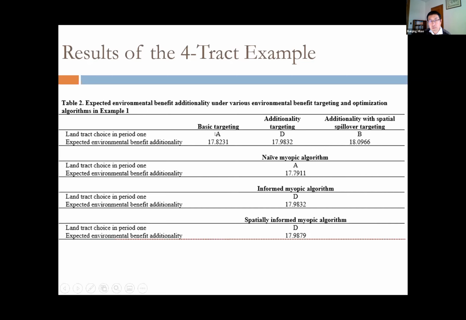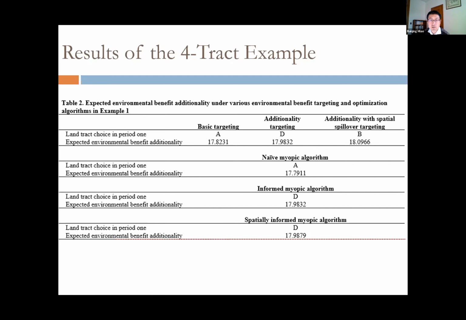By showing this example, we're trying to show that if we consider additionality and further consider spatial spillover, the grassland easement acquisition result can be different.